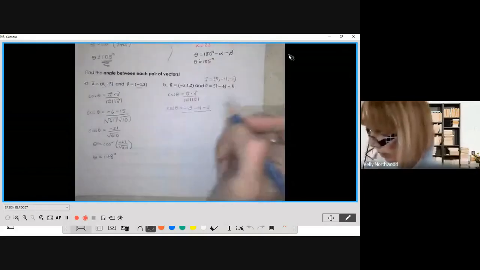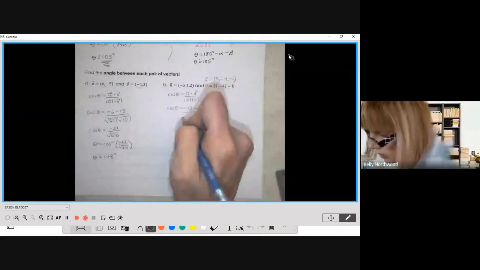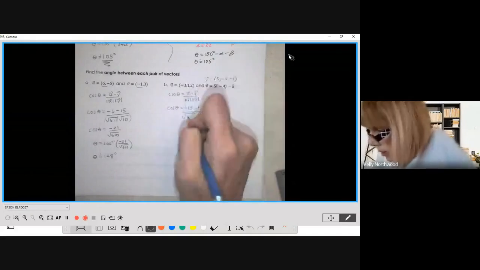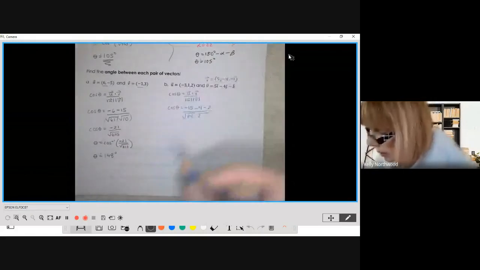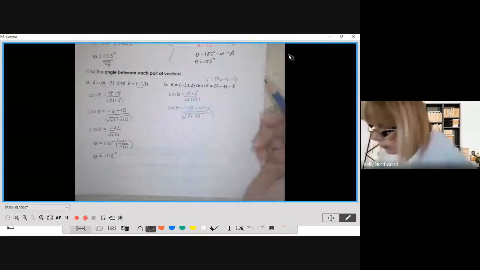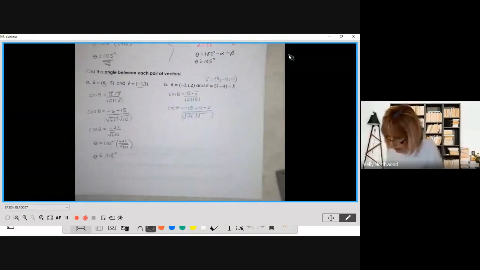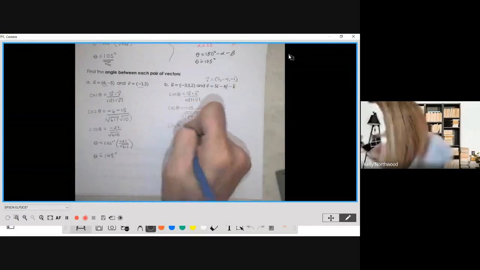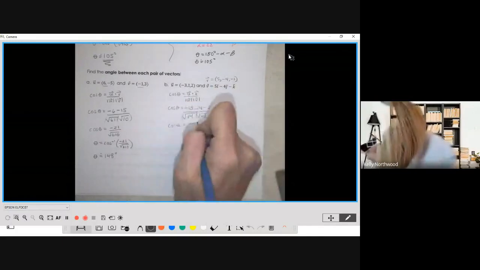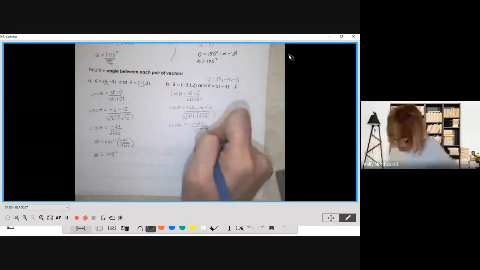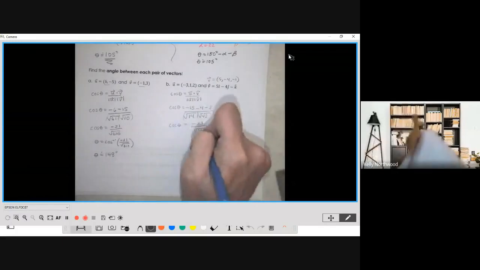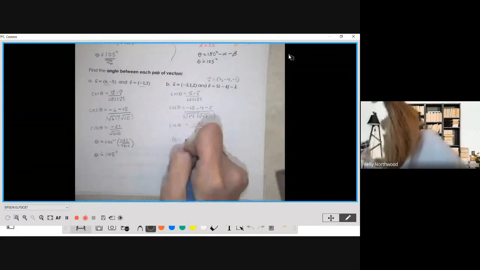The magnitude of vector u is going to be the square root of 9 plus 1 plus 4, so the square root of 14, multiplied by the square root of 25 plus 16 plus 1, 42. So it's going to be -21 over the square root of 588. Theta is going to be the cos inverse of that.